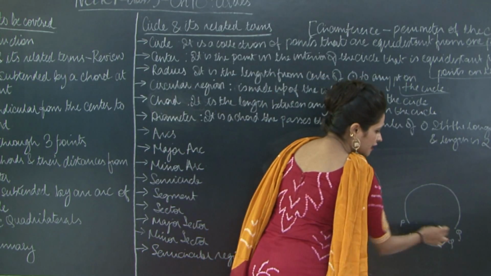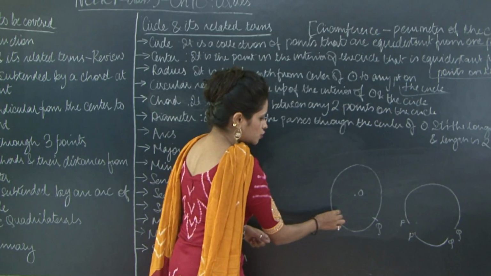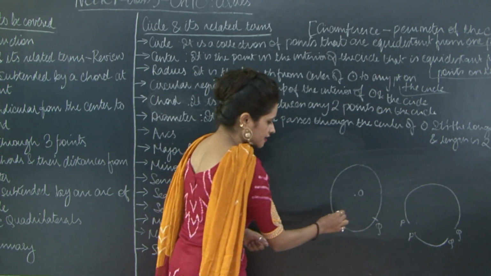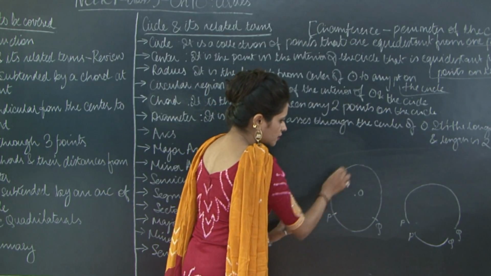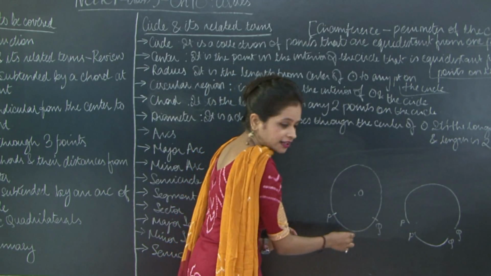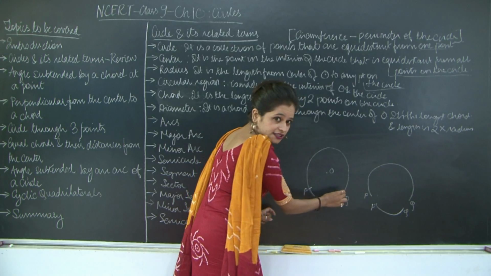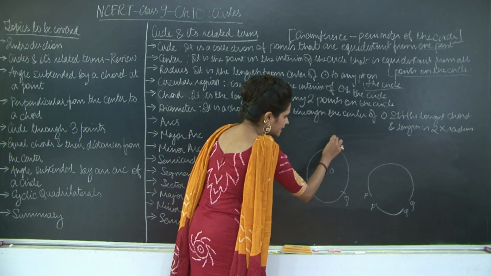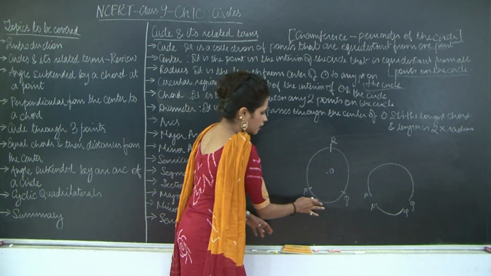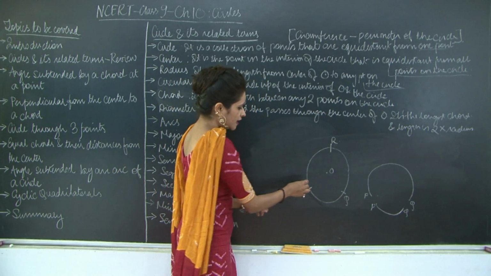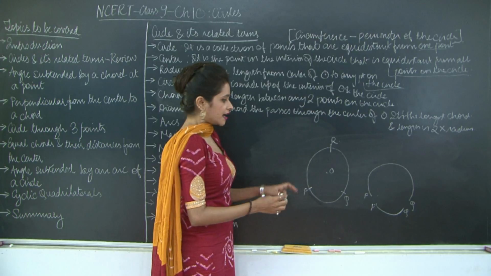So each of these parts of the circle are known as arc. These 2 points P and Q are dividing my circle into 2 parts, right? So the piece of circle between any two points is known as an arc.